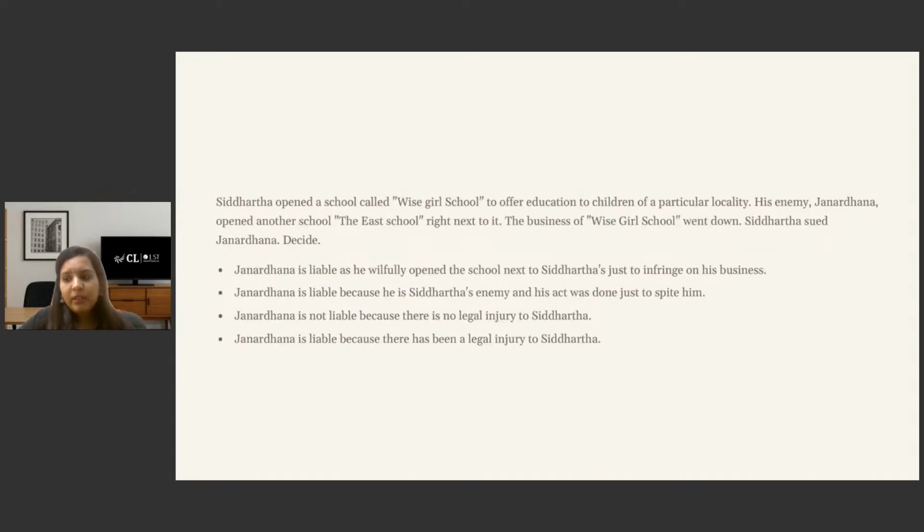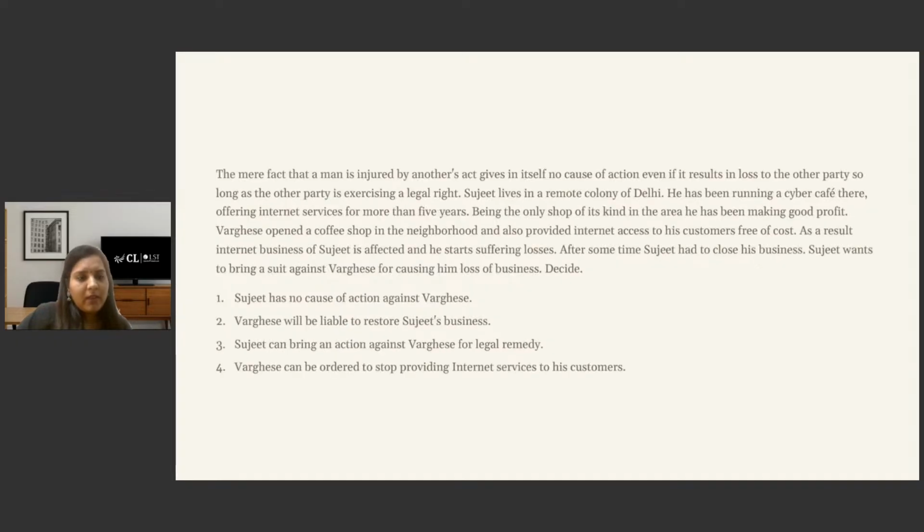The answer here would be that Janardhana is not going to be liable because there is no legal injury to Siddhartha as such. It is just competition. He could have also done certainly other things to maintain his school's status. The mere fact that a man is injured by another's act gives in itself no cause of action, even if it results in loss to the other party, so long as the other party is exercising a legal right.